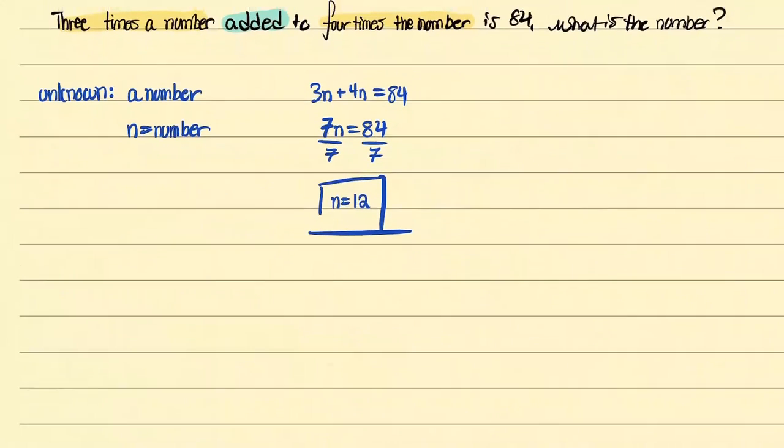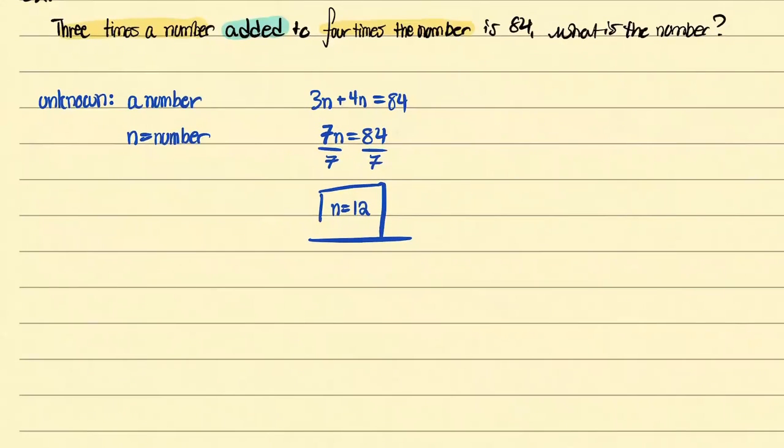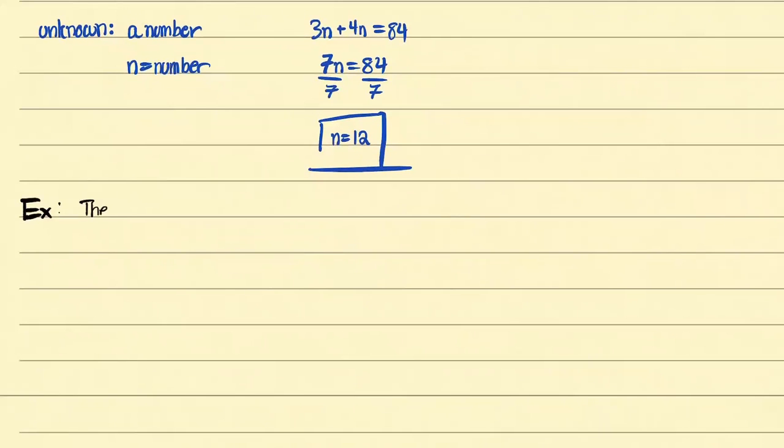Let's continue in the number category and maybe talk about a harder example. So now I'm going to talk about 2 different numbers. The larger of 2 numbers is equal to 3 times the smaller number.